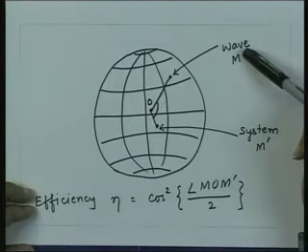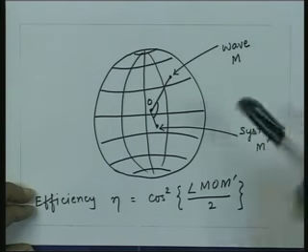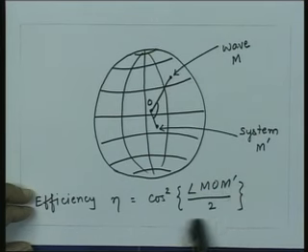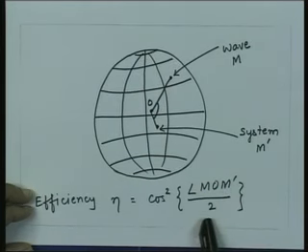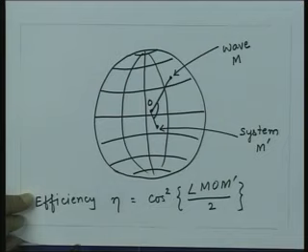So, if I have a wave circularly polarized and a system linearly polarized or vice versa, the angle M O M prime is 90 degrees. So, half of this angle is 45 degrees. So, cos square of 45 degrees will be half. So, we have 50% efficiency.